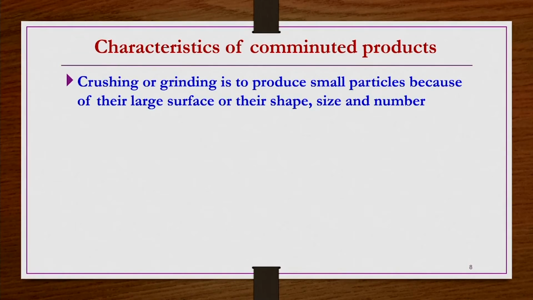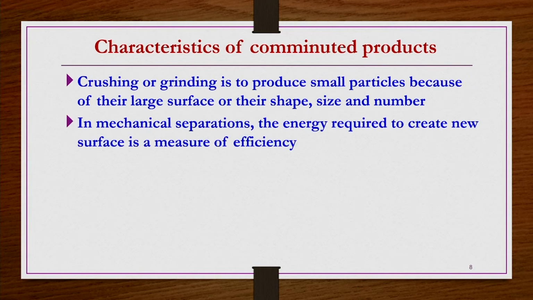Now, characteristics of comminuted products. Crushing or grinding is done to produce small particles because of their large surface, or their shape, size and number as well sometimes. Crushing or grinding are size reduction operations, and we do them to produce small particles.